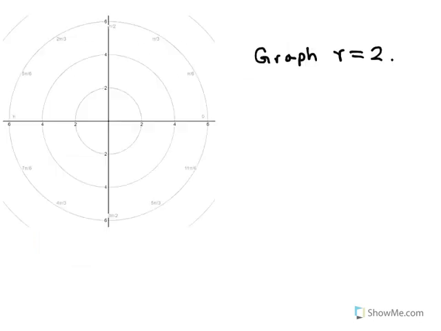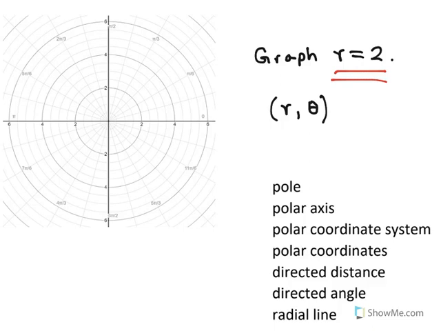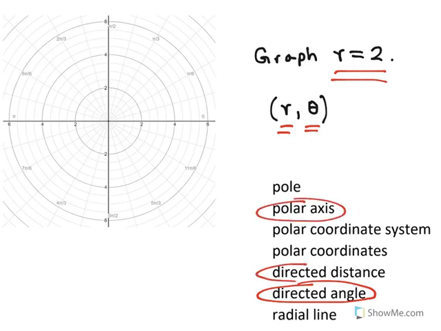For Objective 1, some polar equations are really easy to graph. For example, you have r is equal to 2. Remember that polar coordinates have r and theta, where theta is the directed angle from the polar axis, and r is the directed distance from the pole.